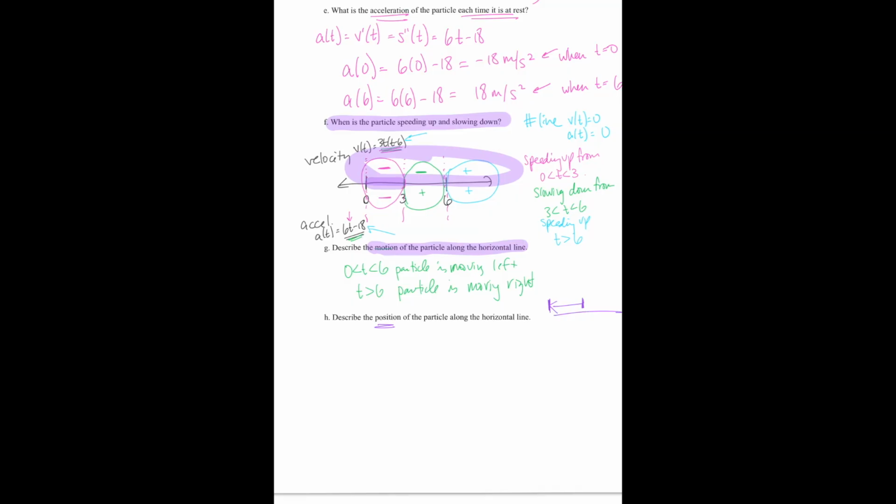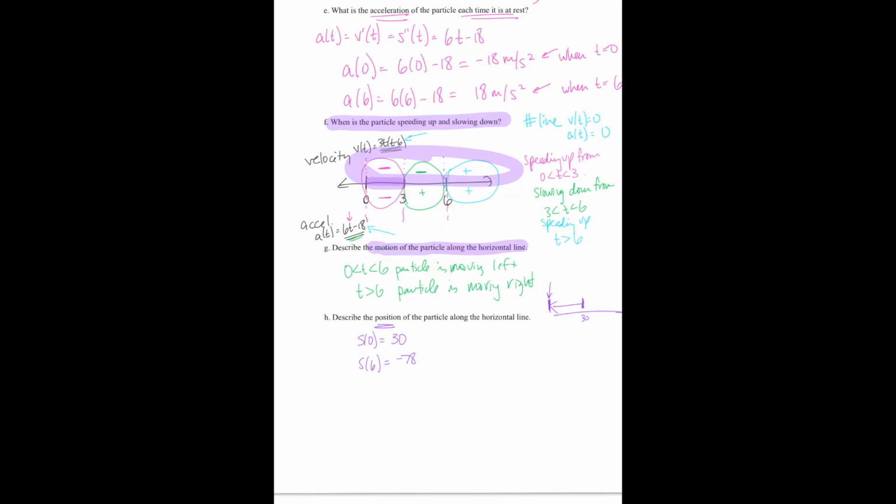This is all happening in the original S function. I know that at S of 0, it started out at this position of 30. This happens at 6 seconds. So where is the particle at 6 seconds? Well, if I put 6 into the original function, I get negative 78.